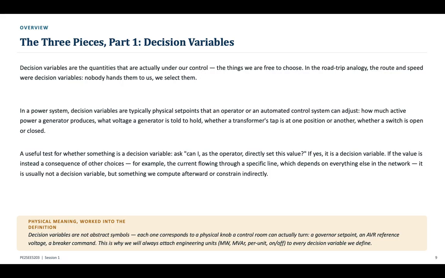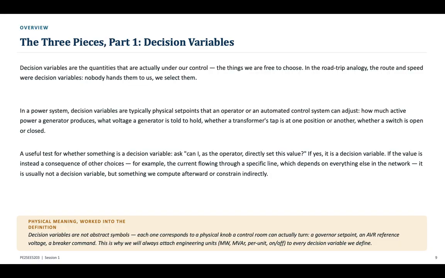We select them. In a power system, decision variables are typically set points that an operator or an automated control system can adjust. How much active power a generator produces, what voltage a generator is told to hold, whether the transformer tap is at one position or another, whether a switch is open or closed.